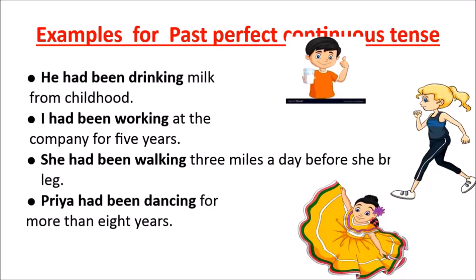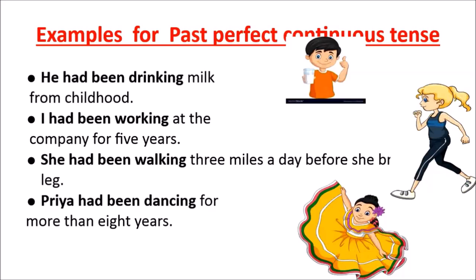Okay, so that's why we are using past perfect continuous tense, had been drinking. Okay, so look at the next example. I had been working at the company for 5 years. So, it also refers to a continuous action from the past till some point of time in the past. Okay.